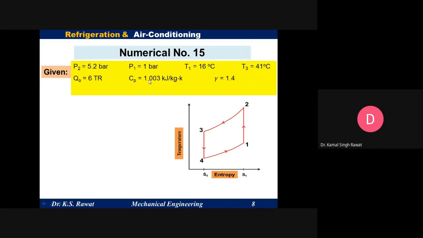The value of Cp is 1.003 kilojoule per kg Kelvin, gamma is 1.4, and we will take R as 0.287 kilojoule per kg Kelvin. Now the given data is clear.